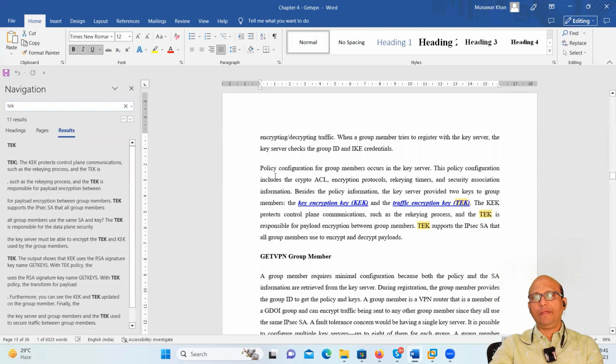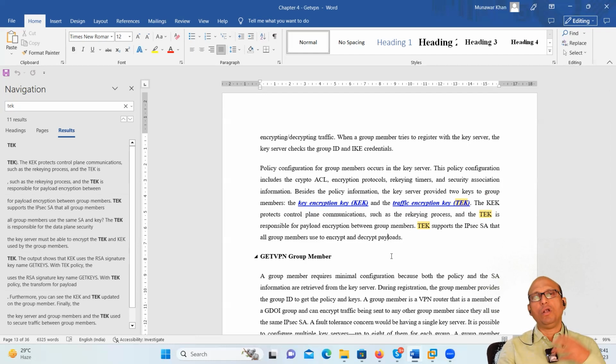So basically, I'll be getting two keys. One is key encryption key, which protects control plane communication such as the rekeying process, and the TEK is responsible for payload encryption between groups.